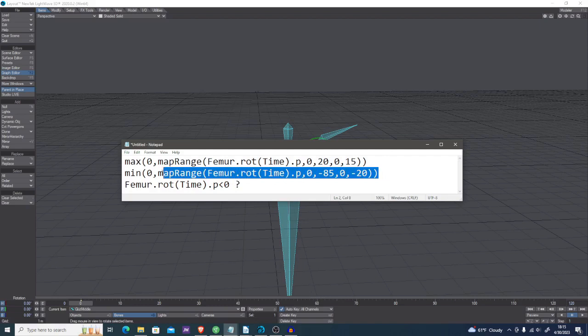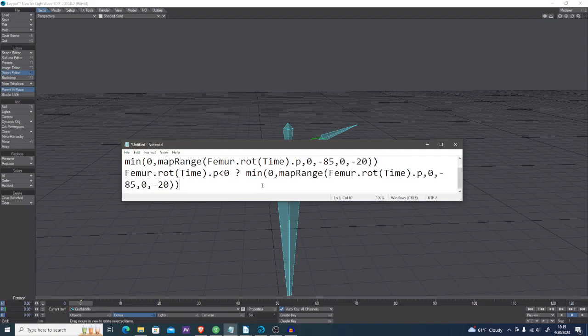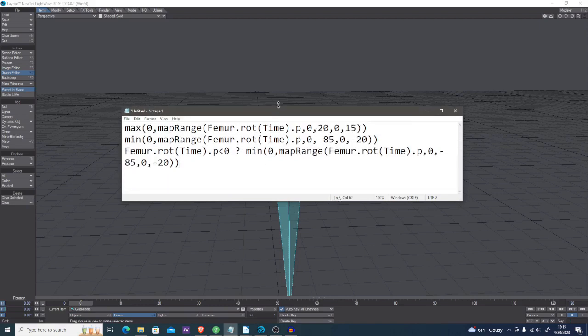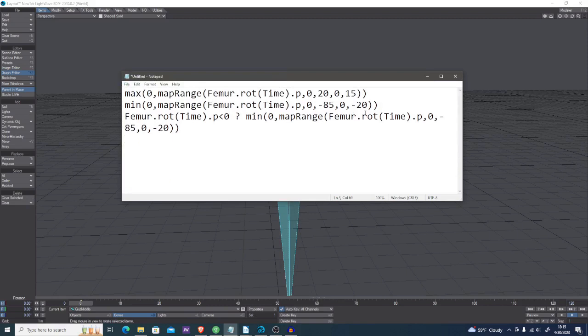If it's less than 0, I'm going to run this one. If it's so, I'm going to go here. If it's greater than 0, that's the colon, I'm going to run else, basically, run this expression. Let me put a space there.